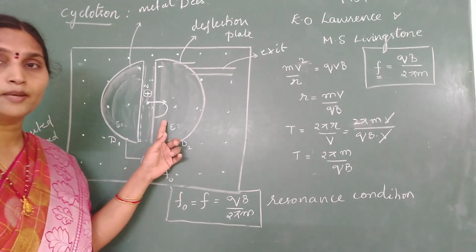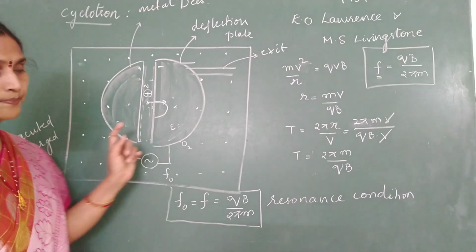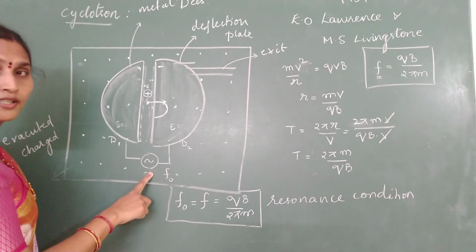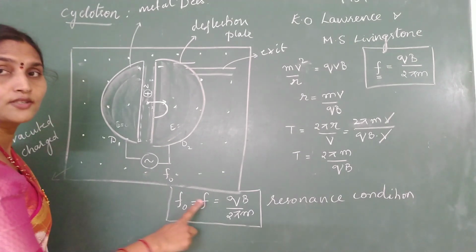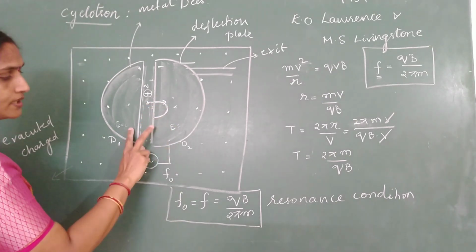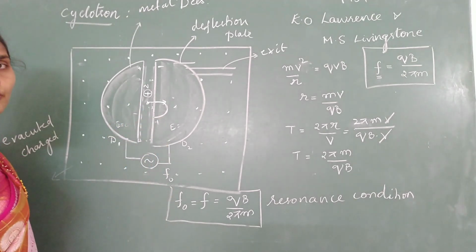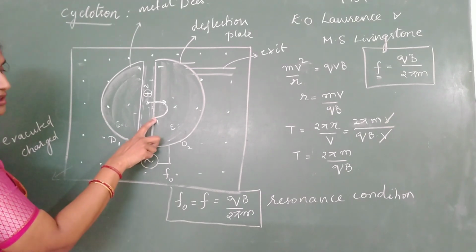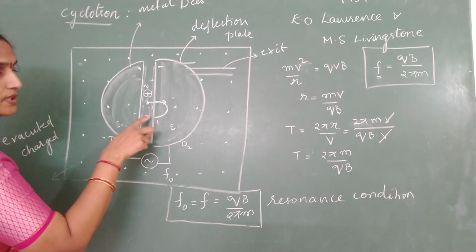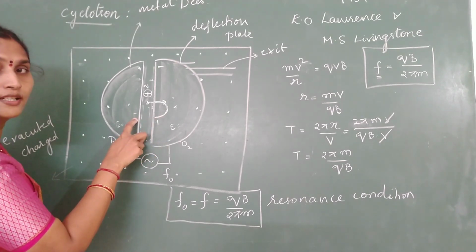We know in the presence of only a perpendicular magnetic field, the particle is going to move in a circular track. But by the time the particle completes a semicircle, we have connected it to an oscillator with the same frequency as the frequency of the charged particle. So by the time the particle completes a semicircle, the two Ds will reverse their terminals. Now this will become negative and this will be positive. Now the positively charged particle will jump from D2 to D1. While moving from D2 to D1, again the speed is increasing because the electric field is going to accelerate the charge.